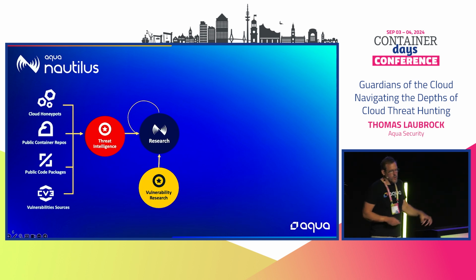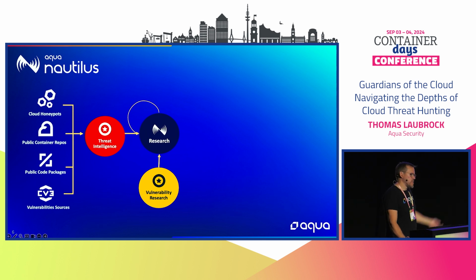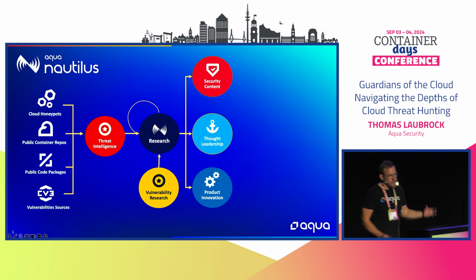And of course, with this data, you sometimes also get an idea, okay, this software could have this vulnerability, so there could be out-of-band information coming into the research, and then we generate output for this, right?